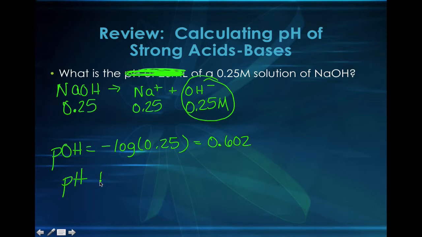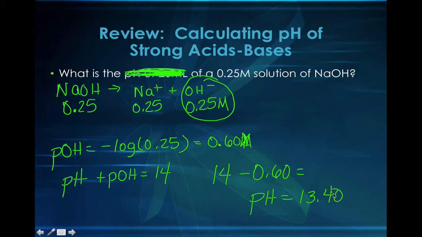If I remember that the pH plus the pOH always add up to 14, then I can just subtract: 14 minus 0.60, because this only has 2 significant figures, so I'll drop that too. We end up with a pH equal to 13.40. And that makes sense. We're dealing with a strong base, so we should have a relatively high pH.